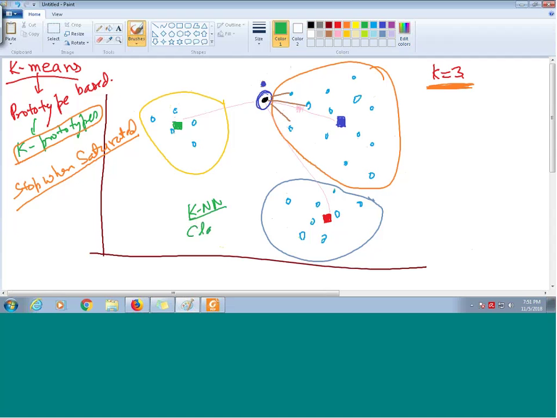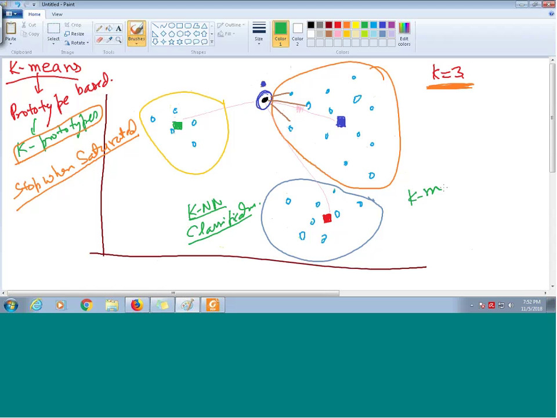KNN is a classification approach that finds the nearest items and tries to see what their classification is, and then gives you the right answer. So KNN is a classification algorithm.